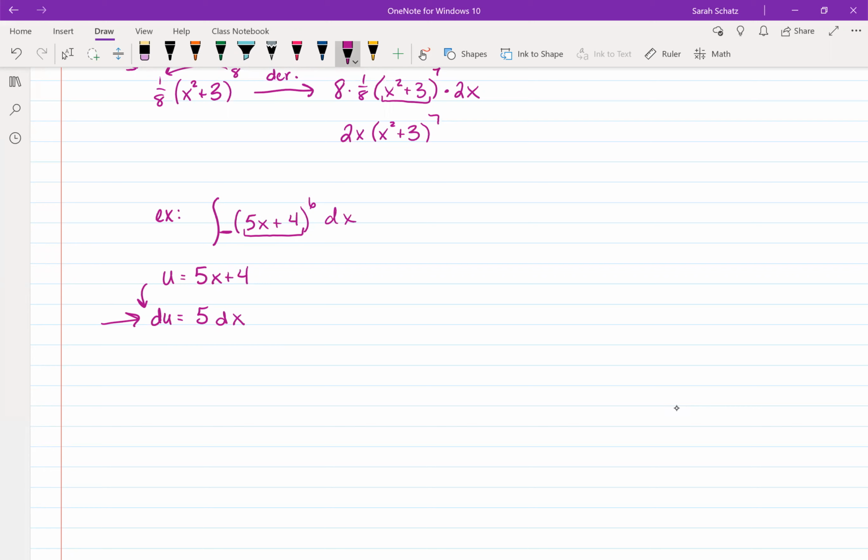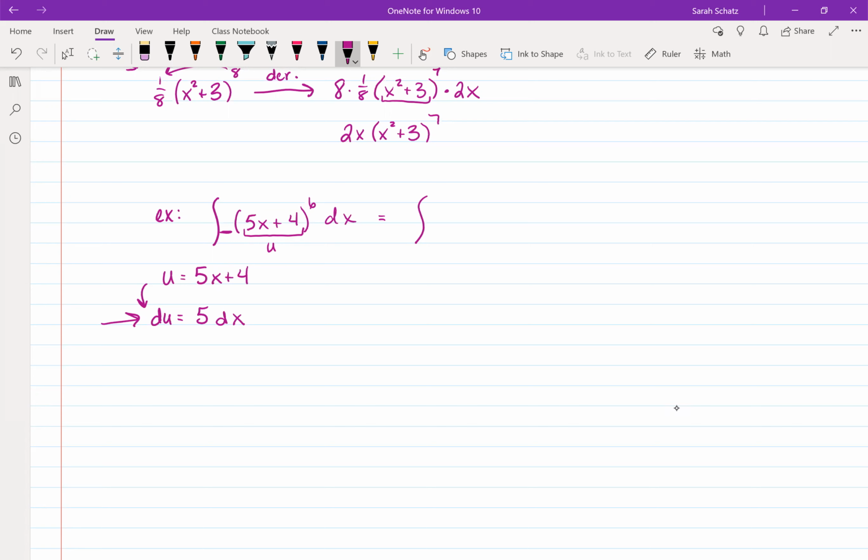And when it's not, we do have to account for it, but we're going to take care of that. So even though there's not a 5 up here in the problem on the outside, du is 5 dx no matter how you look at it, because u was 5x plus 4. So when you do your rewrite, there's a problem. Remember, we can't change the problem. We're just rewriting it.